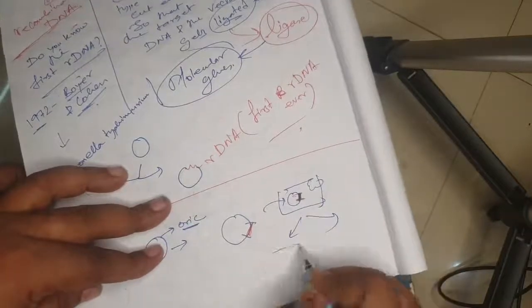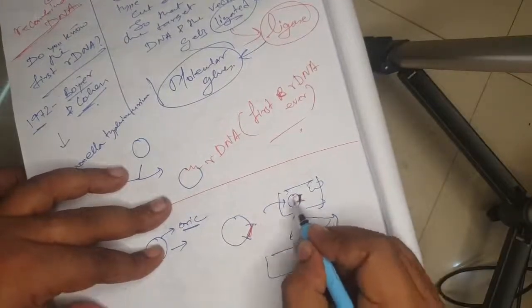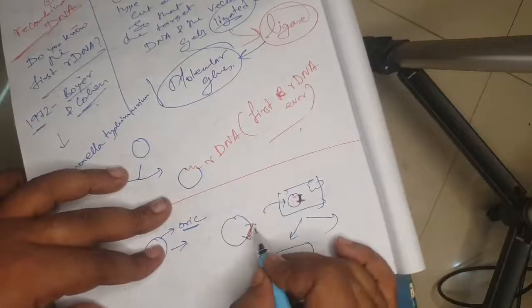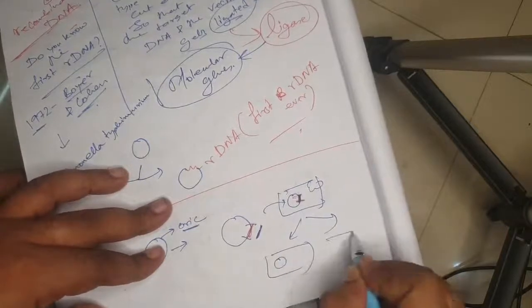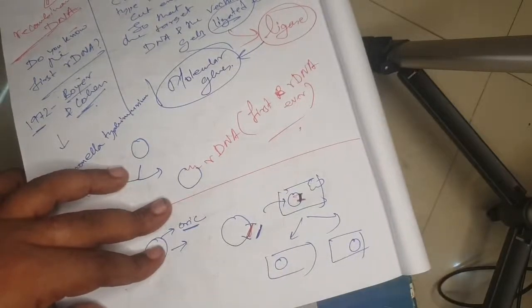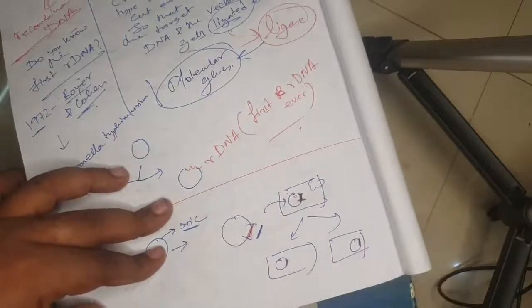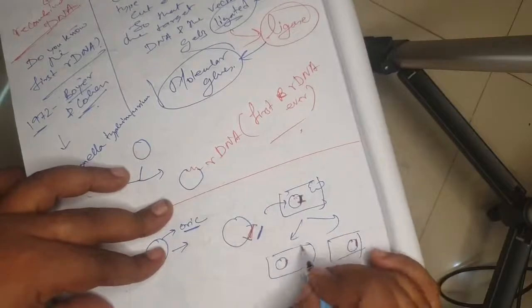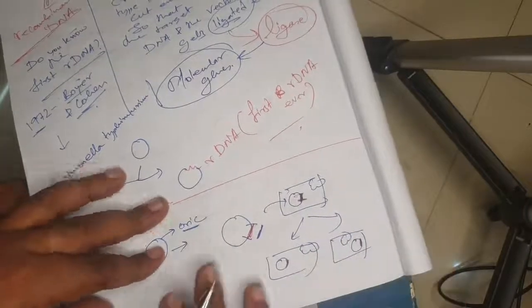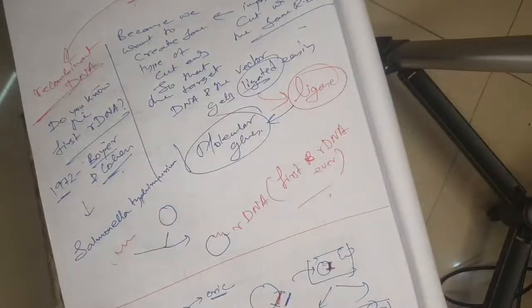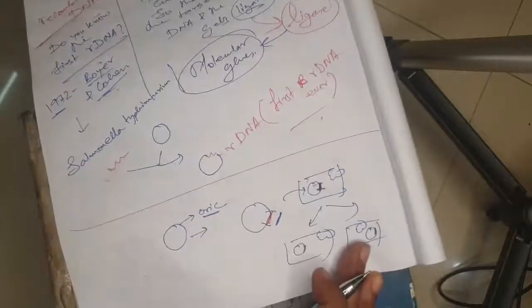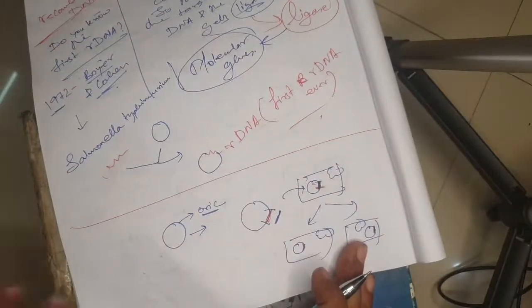Now when the cell divides, the plasmid having the origin of replication will replicate, and hence your target DNA will also get replicated and come into each of the daughter cells along with the host chromosome. Right or wrong? I hope you have understood why you put it inside a plasmid.